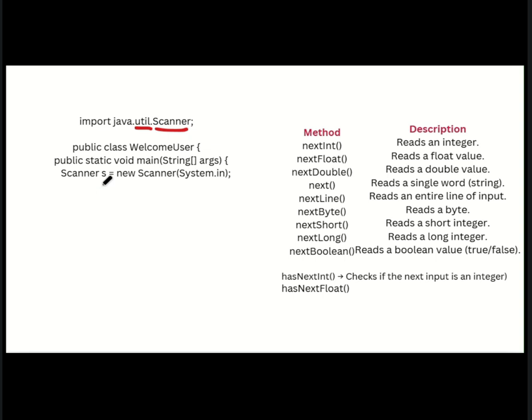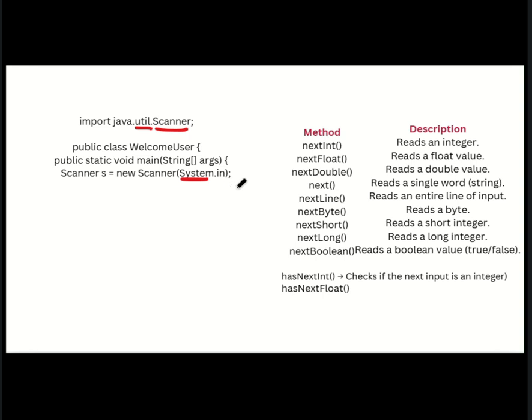First, create an object. This is the class name and this is the constructor and S is the reference to the Scanner. To this, we assign System.in. In the previous program, we saw that System.out is for output, which is for the monitor. Similarly, System.in is for the keyboard.